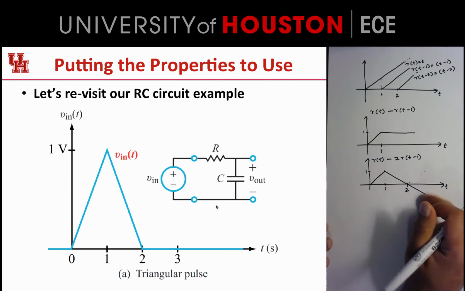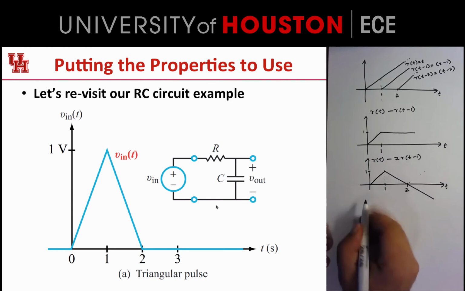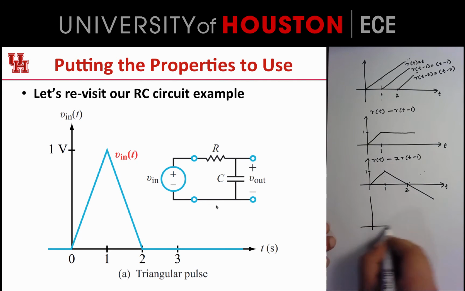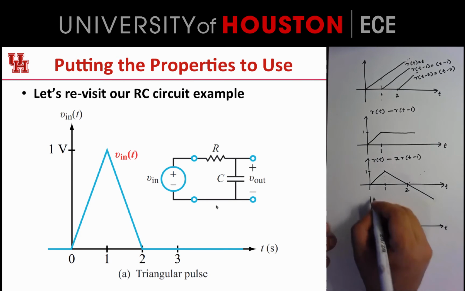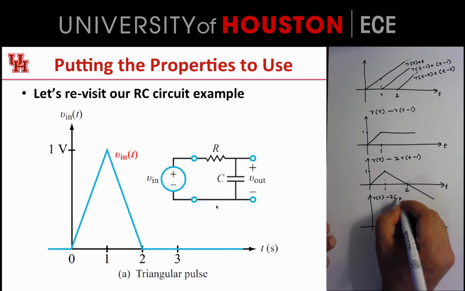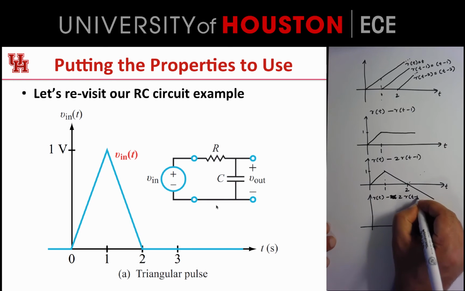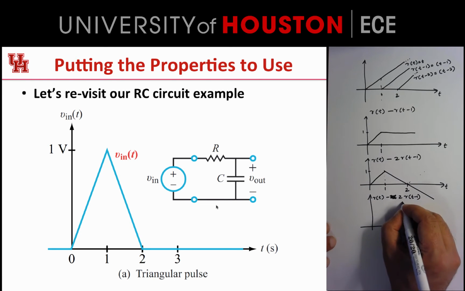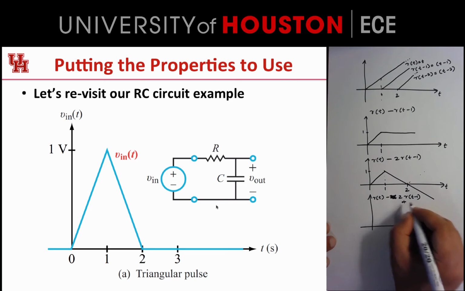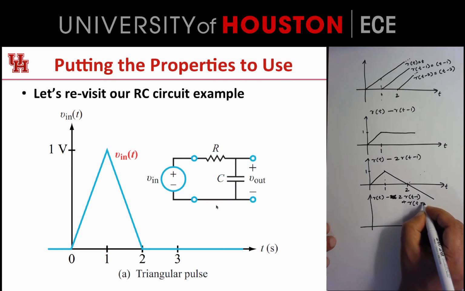I can exactly cancel these two guys out. So suppose I do the following: r of t minus 2 times r of t minus 1, and then I counter this with another ramp here, so r of t minus 2.